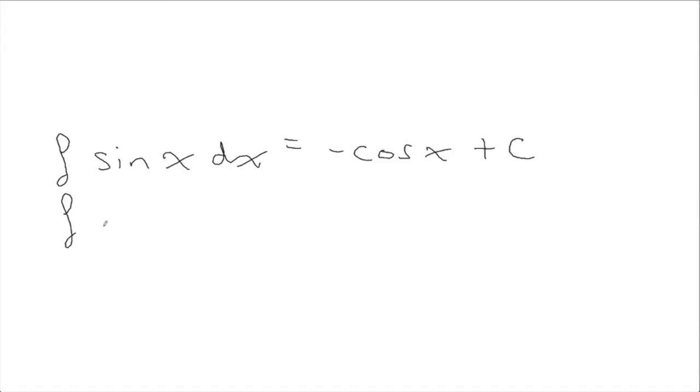Do we know how to do this? Remember what this is? Negative cosine of x plus c. Perfect. Do we know how to do this? That's sine of x plus c. Good.